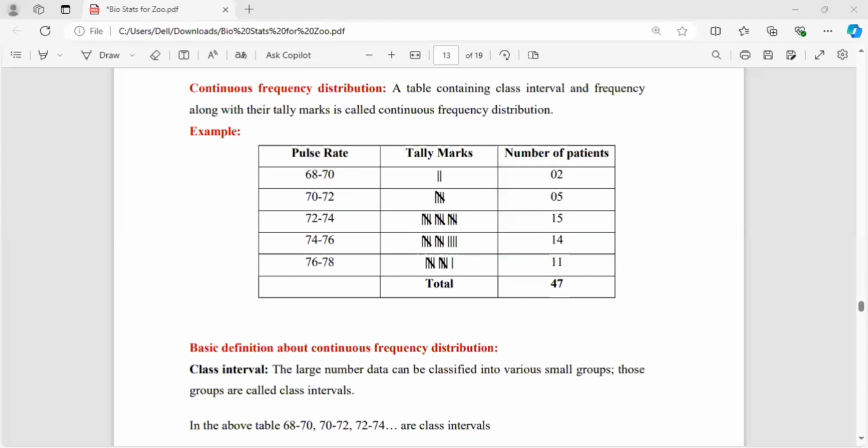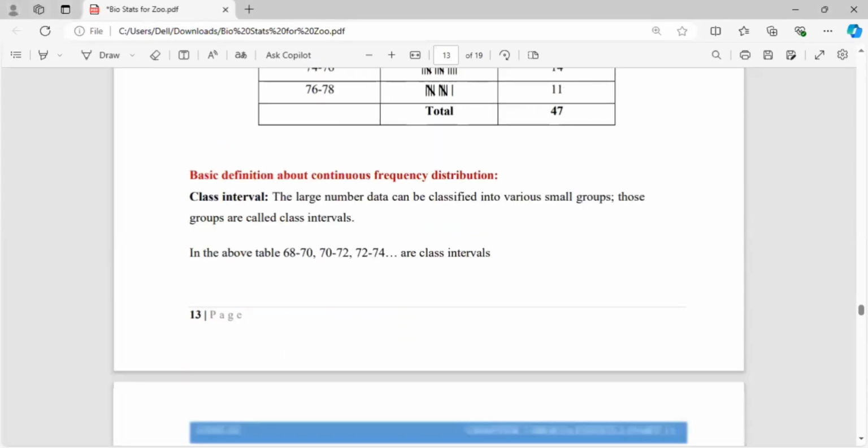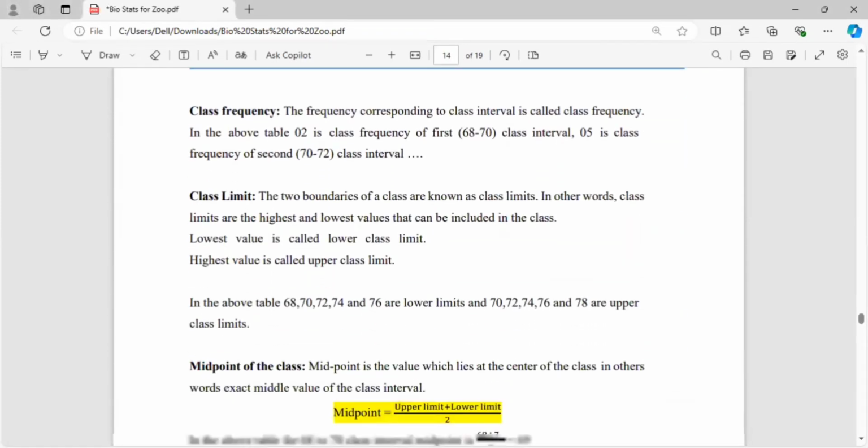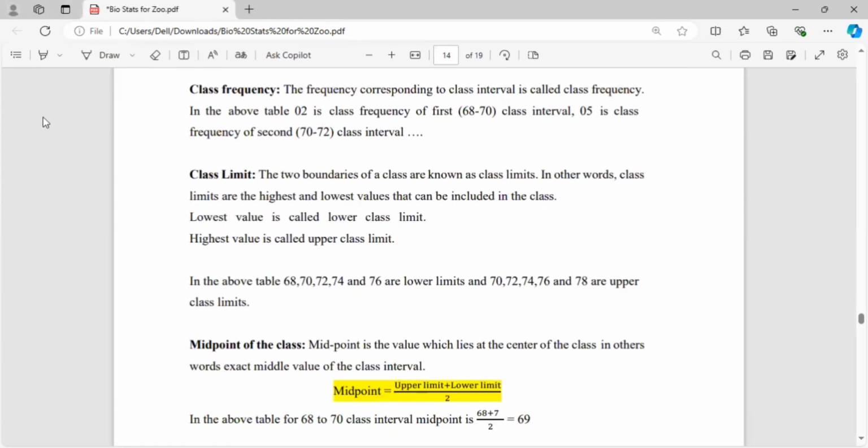The next definition is class frequency. It is a very easy definition. The frequency corresponding to a class interval is called class frequency.